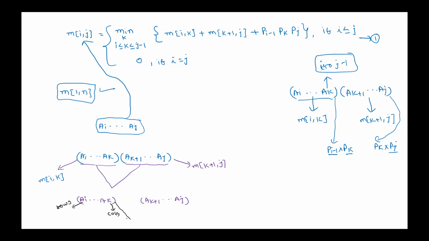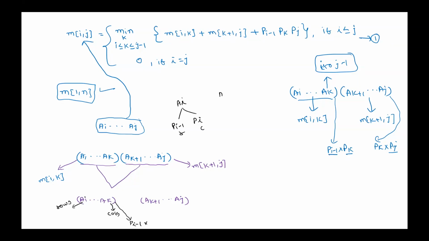So what is the order of this? How many rows are there in matrix Ai? p(i-1) rows. How many columns? p(i) columns. So this can be written as p(i-1) by p(i).